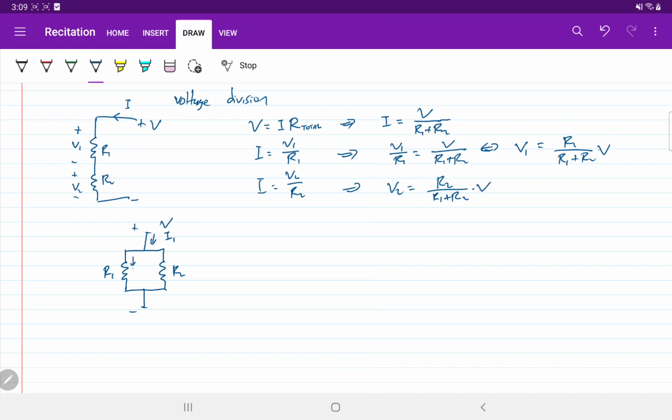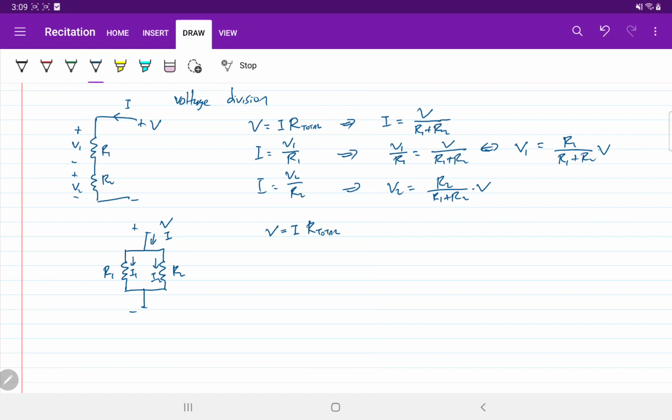Let us assume that the total current is, sorry, this will be the capital I. This is I1, this is I2. Okay, the same. So the total voltage V is equal to the total current times the total resistance, which is R total.